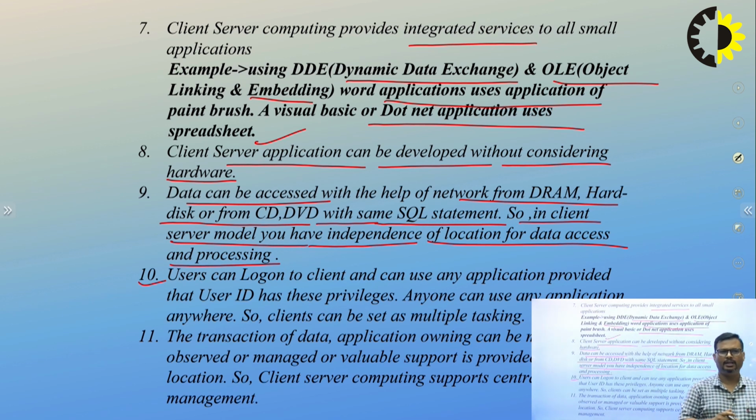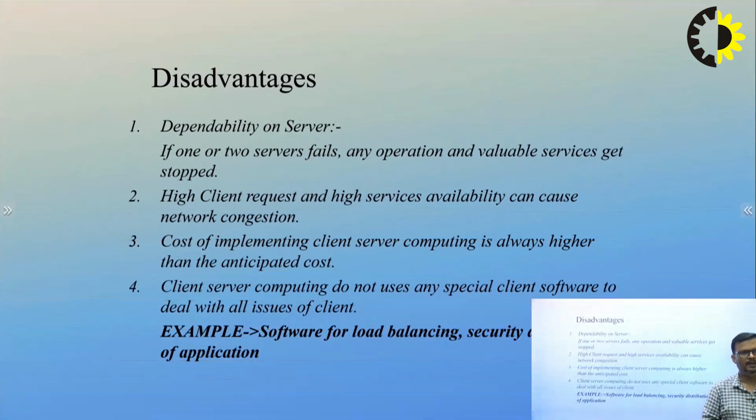Next point, the transactions of the data application can be monitored, observed, or managed, and valuable support is provided from the central location. So client server computing supports a central management system. Okay.